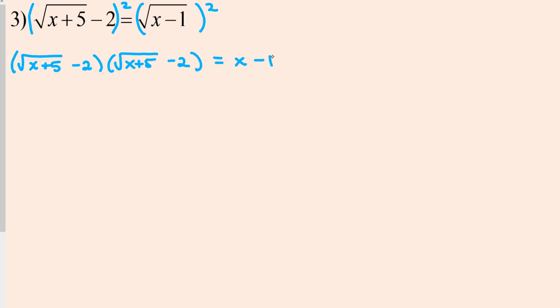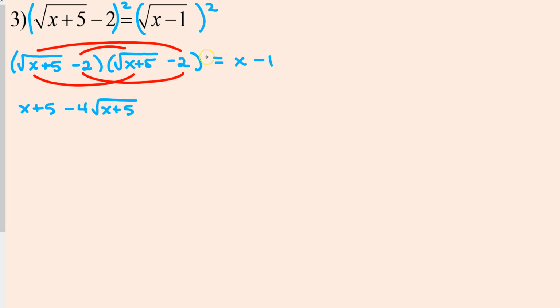So let's go ahead and use the FOIL method on the left, and when we multiply the firsts together, we get x plus 5, and when we multiply the outsides together, we get negative 2 times a radical. The insides, we get negative 2 times the same radical, so altogether we have negative 4 times a radical. And then when we multiply the lasts together, we have positive 4.